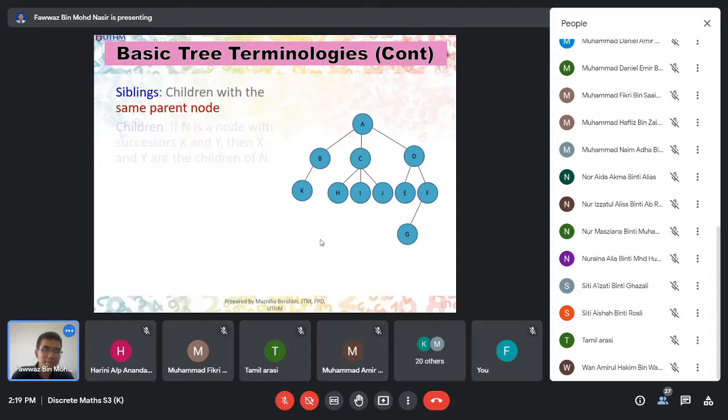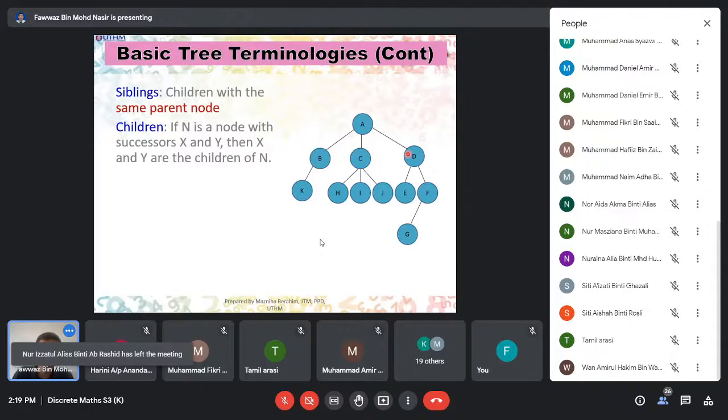Okay. Kemudian children pula, okay, children dalam kalau kita refer to this diagram, children of A adalah B, C, D. Okay. Maksudnya bila kita nak cari the children of a particular node, kita just tengok ataupun look at the nodes immediately below the current node. So if the current node is A, so kita tengok the level immediately below the current node, iaitu this level.